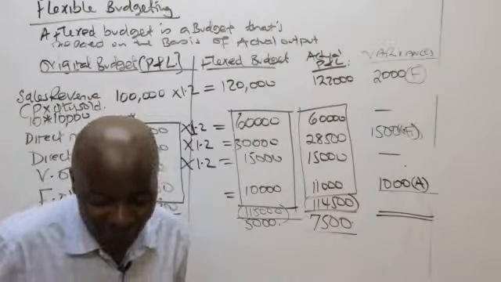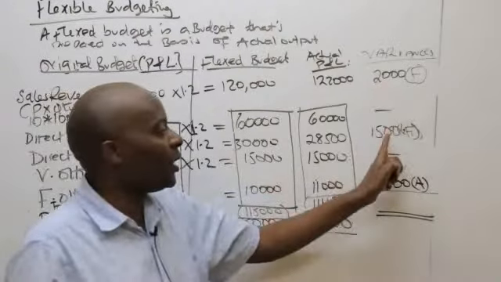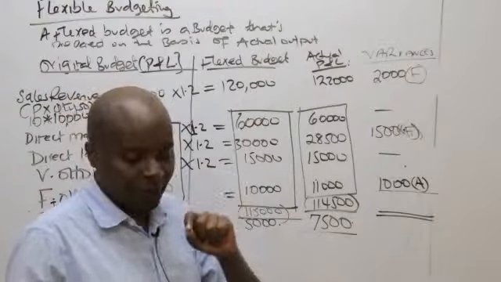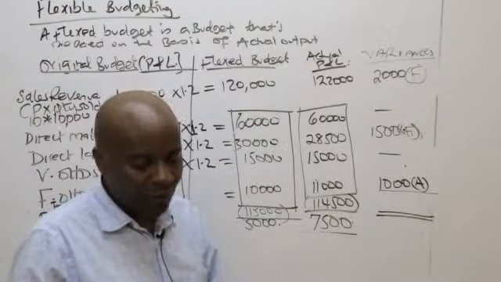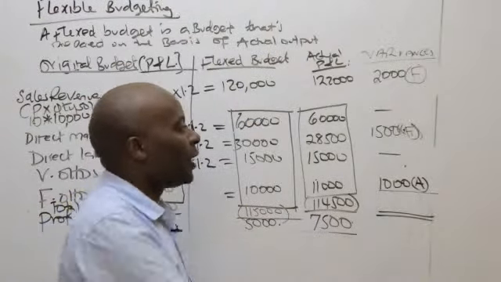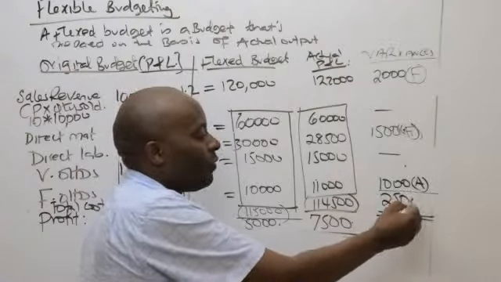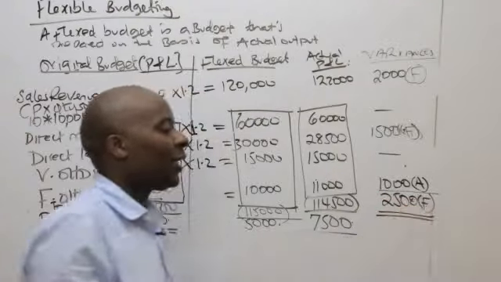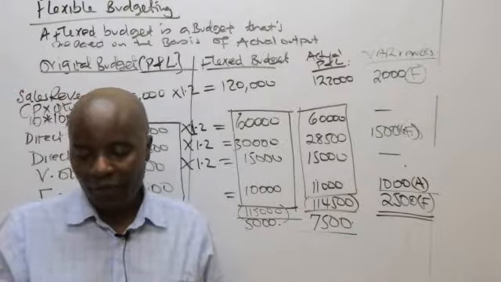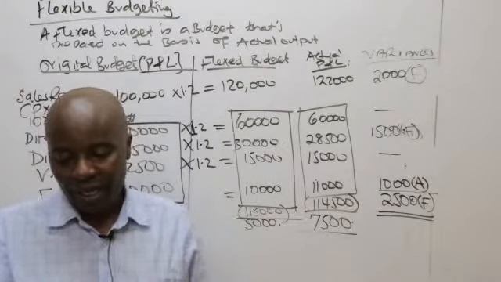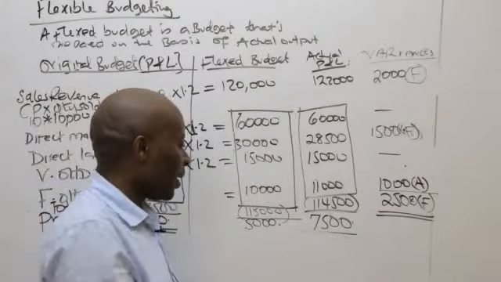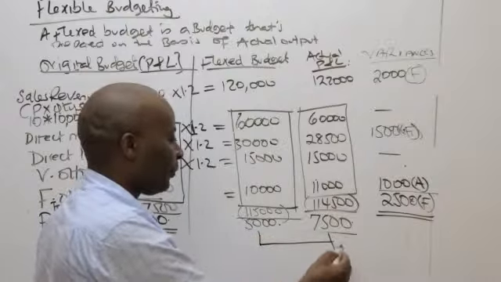Millicent gives me, when you take this and this, that is 3,500 favorable. 3,500 favorable minus 1,000 adverse will give me 2,500 favorable like that. Now, ladies and gentlemen, come and subtract these two.